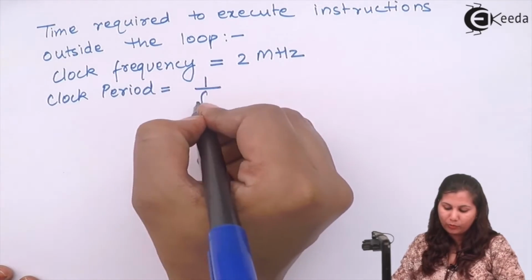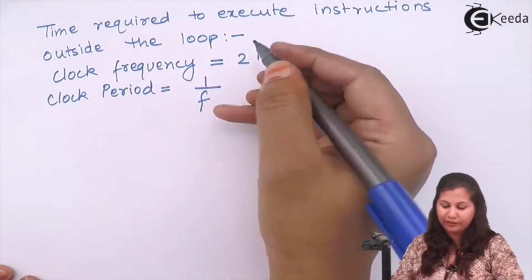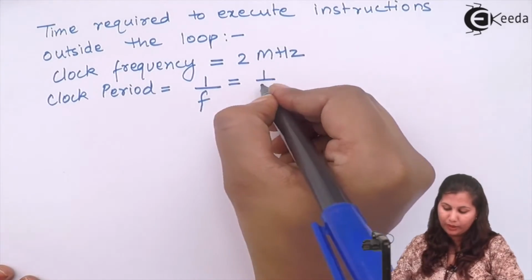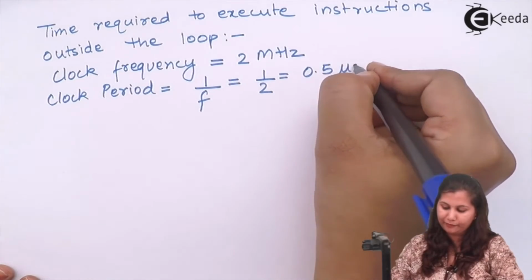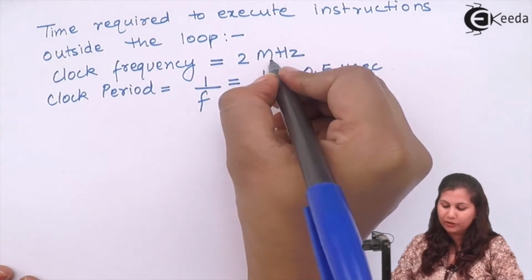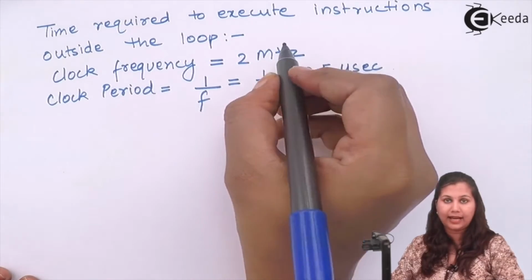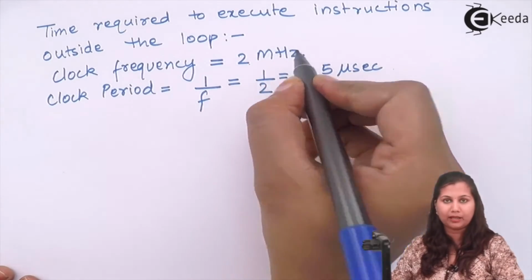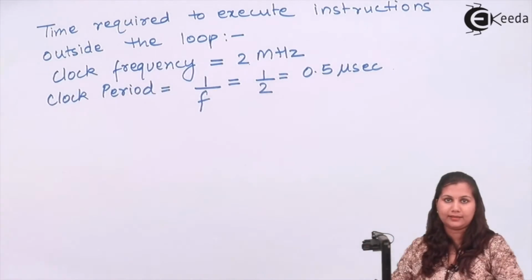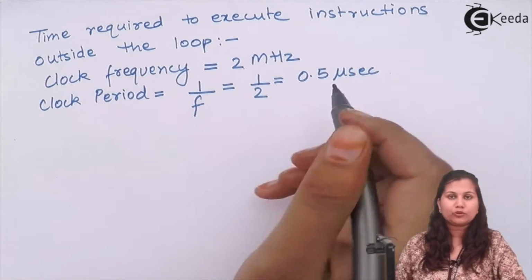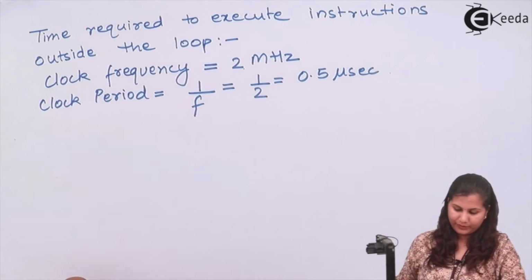Clock period is 1 by f, that is 1 by frequency. So it will be 1 by 2, or 0.5 microseconds, because the frequency is given in megahertz, so the clock period will be in microseconds. The clock period is coming out to be 0.5 microseconds.